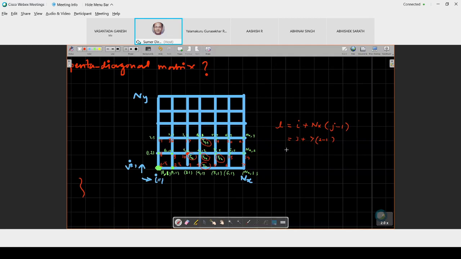Okay, so essentially we get L as 10. So this is a formula to convert the ij indexing system into a single indexing system. So we'll now convert our double indexing system into single indexing system.